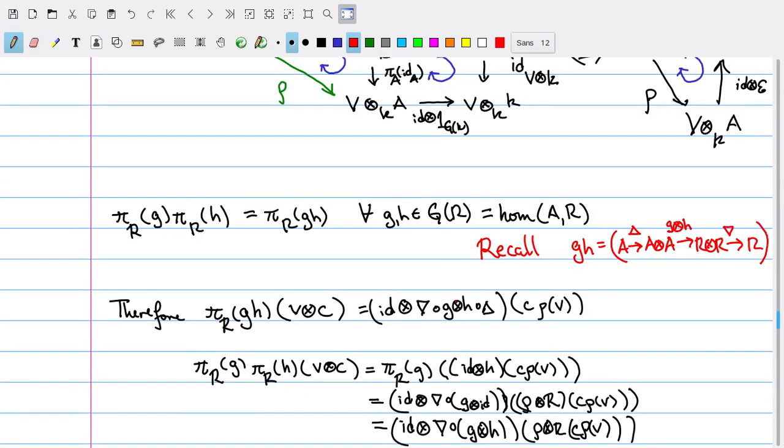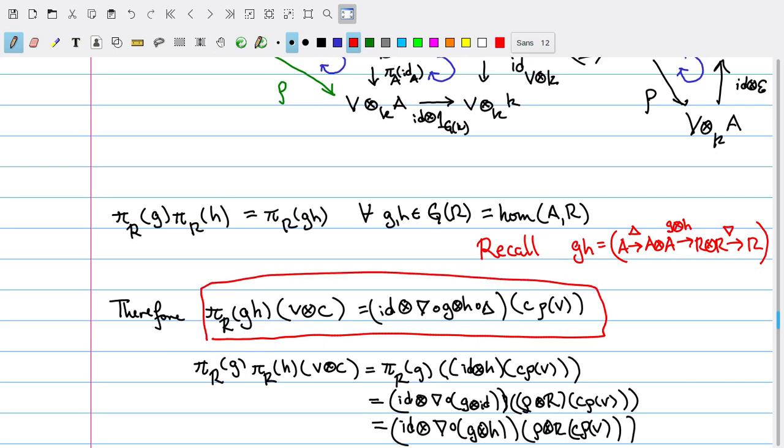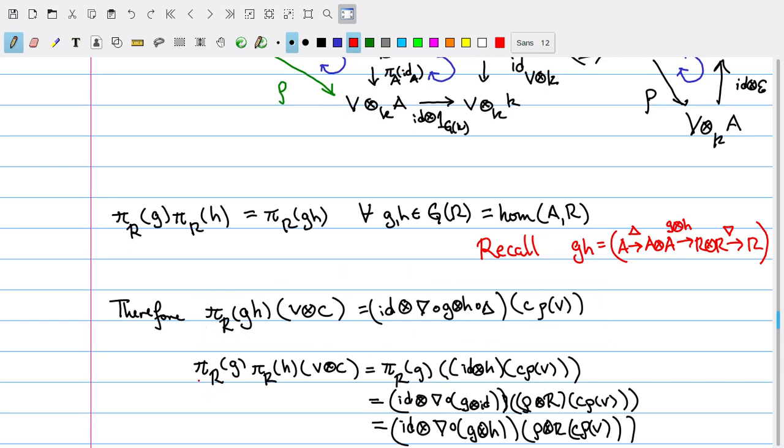Then, using our commutative diagram, we can see that pi sub R of gh acts on a simple tensor, v tensor c, in the following way. Furthermore, the composition of pi sub R of g with pi sub R of h acts on a simple tensor, v tensor c, in the following way.